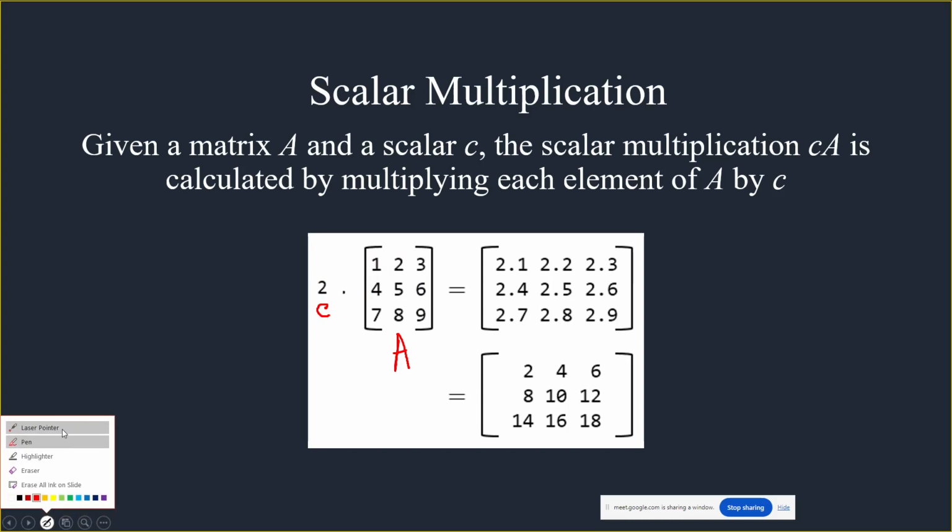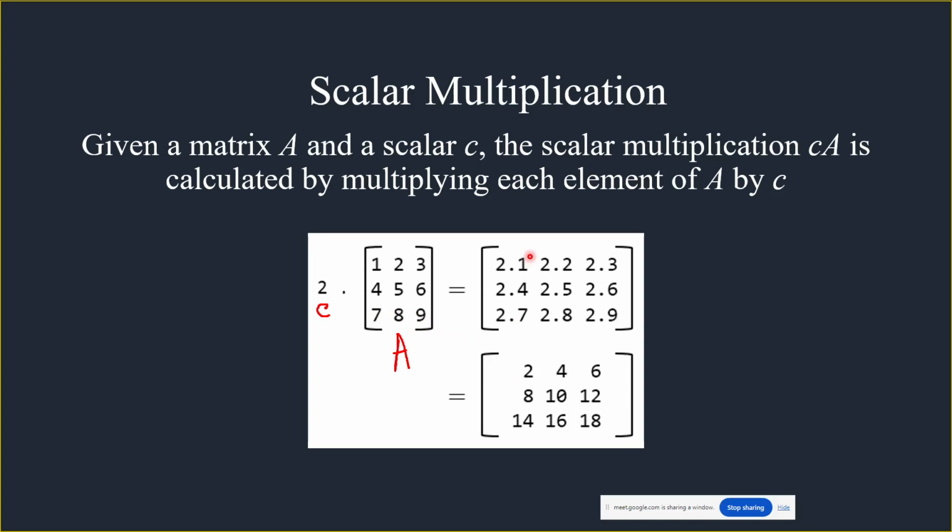This 2 is multiplied by 1, then 2, then 3, then second row 4, 5 and 6, then third row 7, 8 and 9.